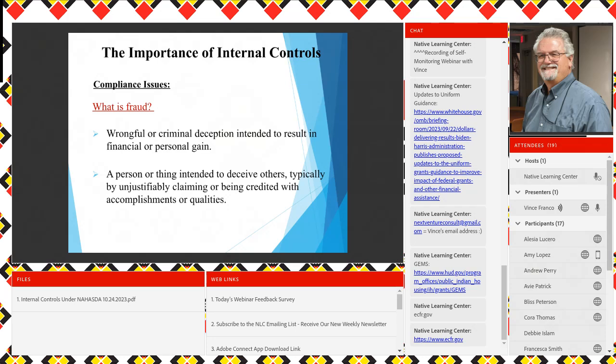Even if it's unintentional. Well, fraud is hard to be unintentional. But misappropriation of funds or things like that, that could be unintentional. But fraud is fraud, and it's illegal, but it's rampant. You've heard of white collar fraud and people doing all kinds of things.